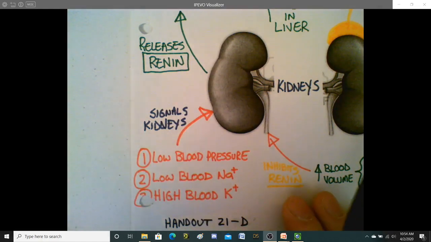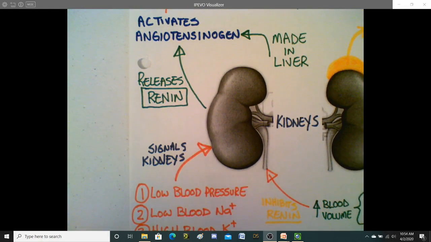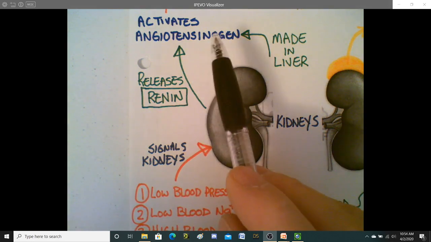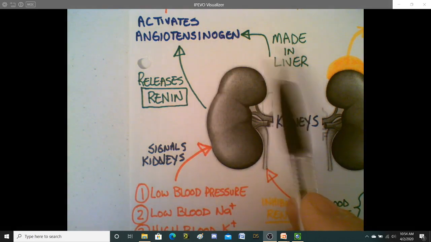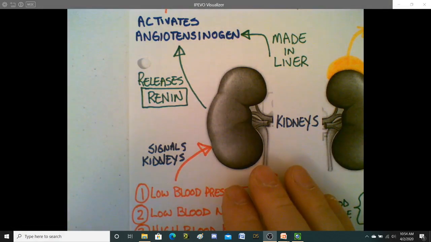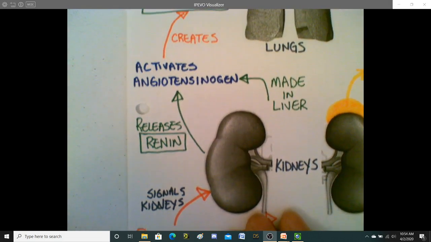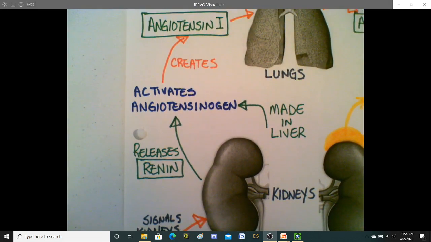Now, in the bloodstream, what renin does is it activates this protein that's made in the liver called angiotensinogen. And angiotensinogen is going to react with renin and become activated into angiotensin 1.